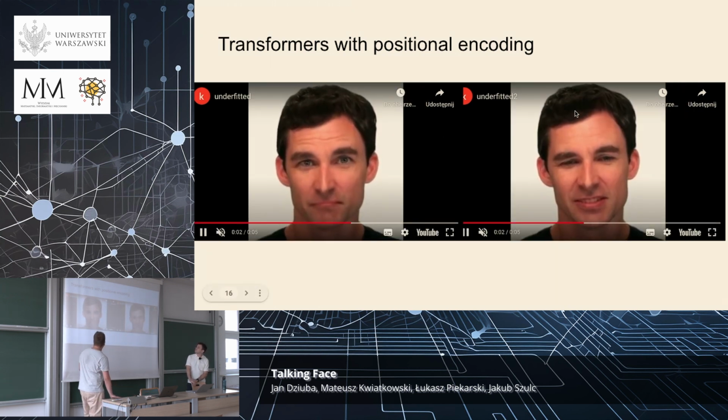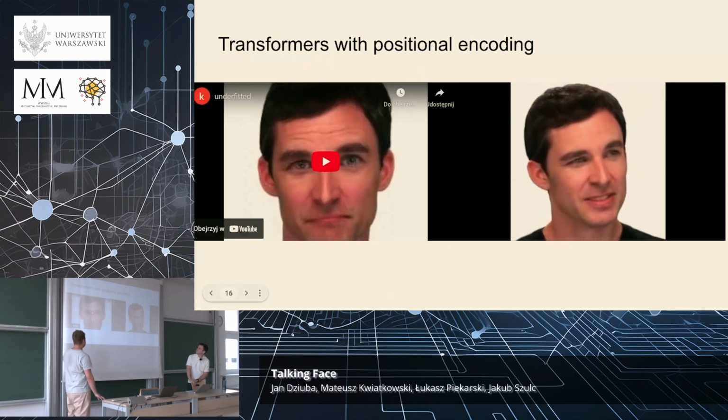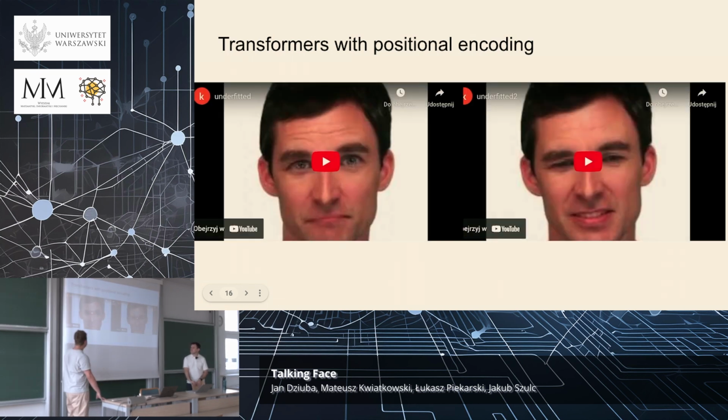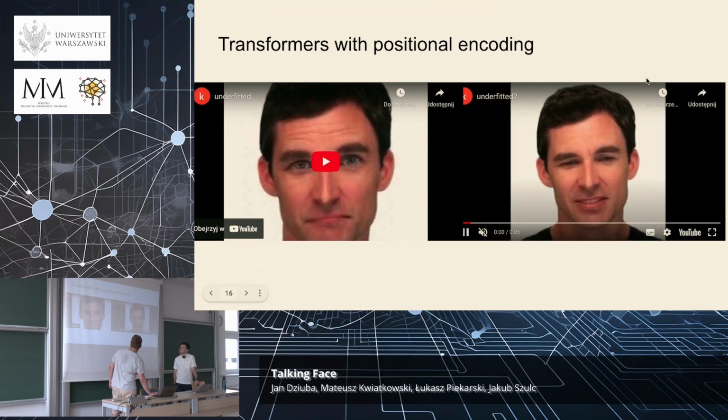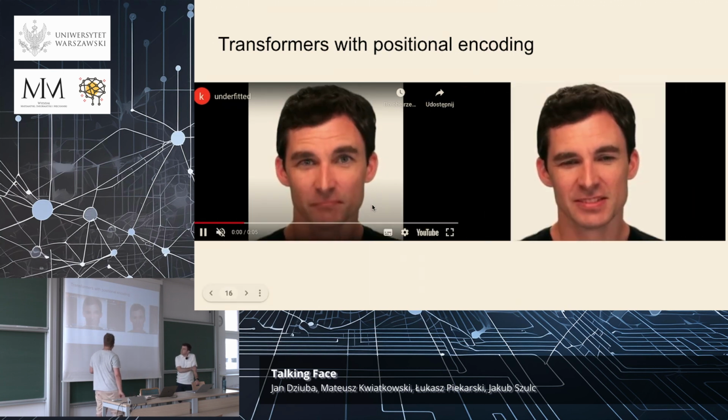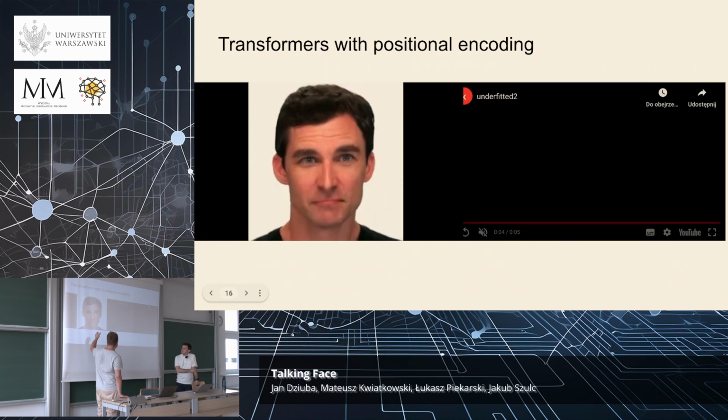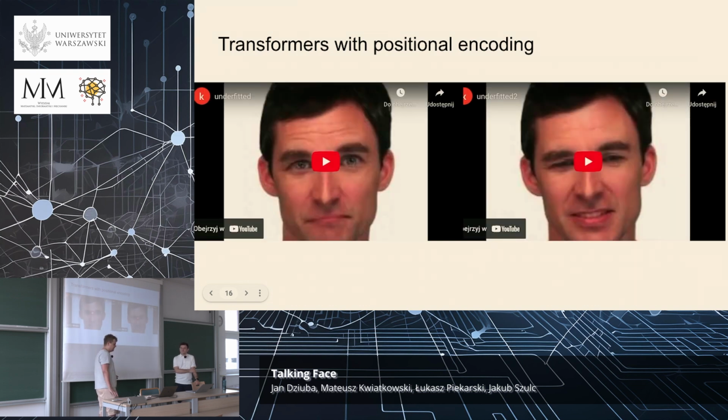But as we can see, it actually underfitted, even with a big enough number of parameters, like 8 transformer decoder layers or 16, I think it was in this case. It's still underfitted, so the model basically didn't understand the lip motions, even though it had access to them.